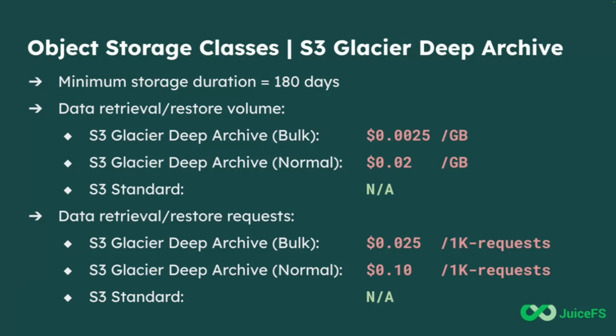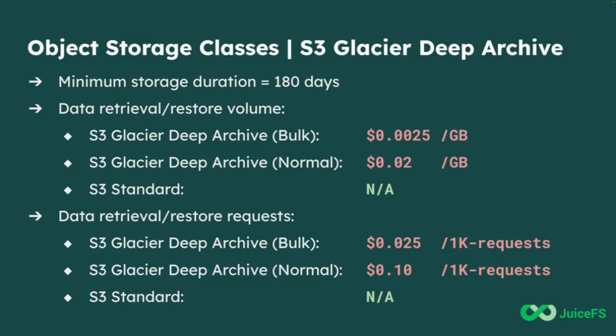So when you write something to S3 Glacier Deep Archive, even if it exists for 1 second, you're going to get charged for 180 days. That's the minimum requirement. So you are not supposed to delete that immediately. Think twice before you dump the data into this tier.